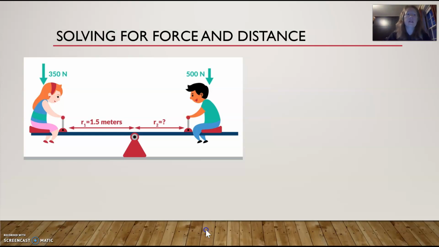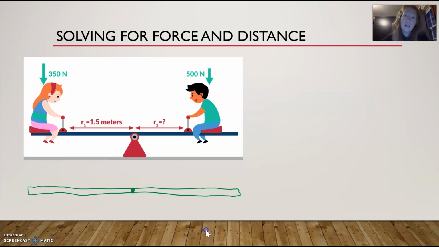So when we're looking at this, we could redraw just the beam, for example. It's a very common thing to do. Now, when we've been doing torque problems, we're no longer replacing the object with a dot. We care about where all of these forces are acting.